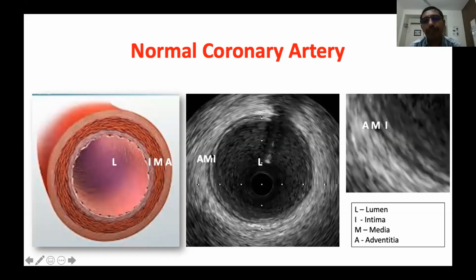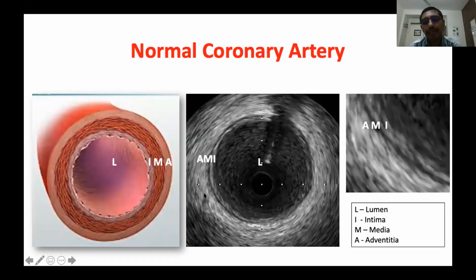Then comes the 3-layered vessel wall architecture. The inner layer is the intima, which is rich in collagen and elastin, so it reflects sound intensely. This layer appears bright. The second layer is the media, mainly made up of smooth muscle. Smooth muscle doesn't reflect the sound intensely, so that results in a darker image in IVUS.